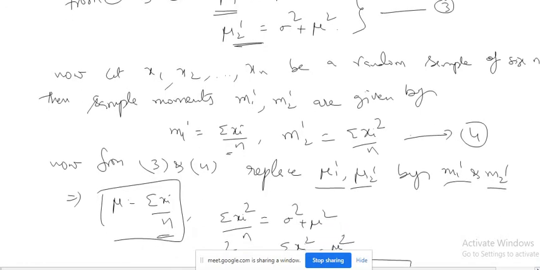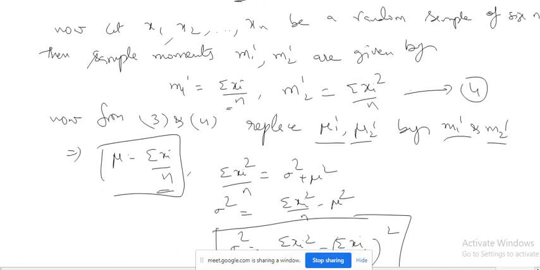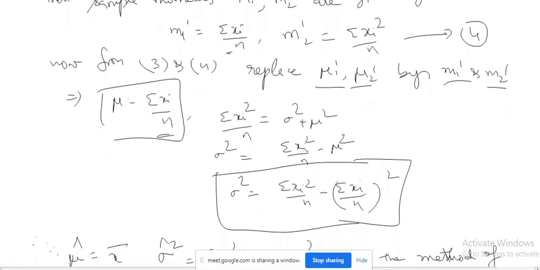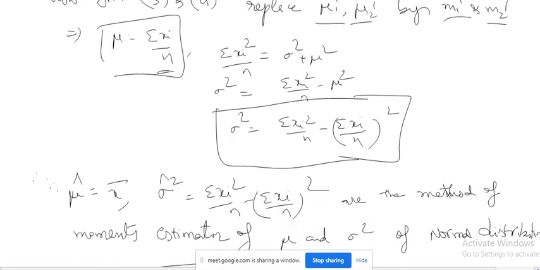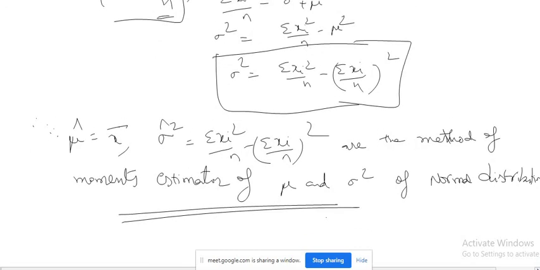Now let x1, x2 and so on be a random sample of size n. Then the sample moments are given by replacing, and then do the simple calculations. You will get mu cap and sigma square cap as the method of moments estimator of mu and sigma square of the normal distribution.